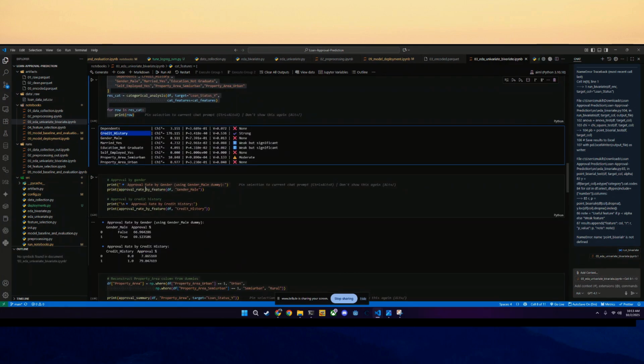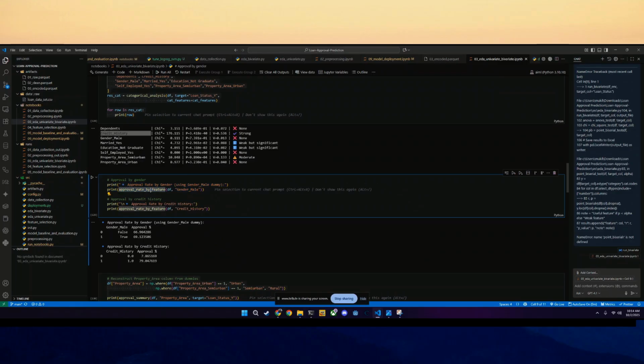Okay. And next one is approval rate by gender. So here I am using approval rate by feature. Basically, I'm trying to understand between male and female who got the higher approval. Here you can see the male applicants have a higher chance of approval. They got approved 69% and the female applicants got approval of 66%.